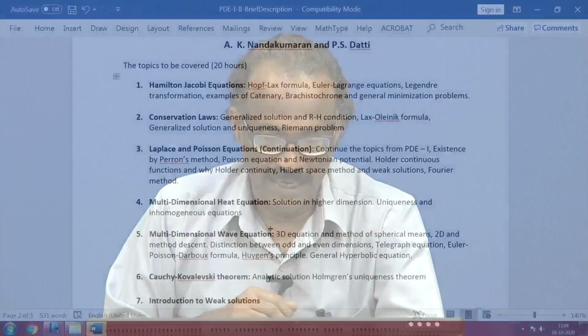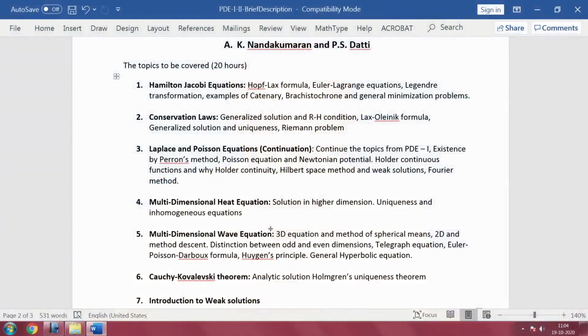Typically we study first the 3D equation using the method of spherical means and then 2D by the method of descent, and the distinction between odd and even dimensions, the telegraph equation, the Euler-Poisson-Darboux formula. We will also introduce what is called the Huygens principle and maybe some concepts about the general hyperbolic equation.